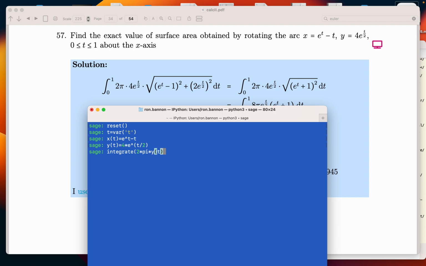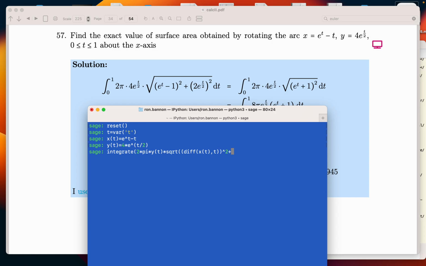Relatively simple to do, times a square root. And what's the square root going to be? Well, here comes the tough part. It's going to be, ooh, this got the square root, this guy too. The derivative, diff of x of t. It's a lot of typing. With respect to t, we're going to square that.